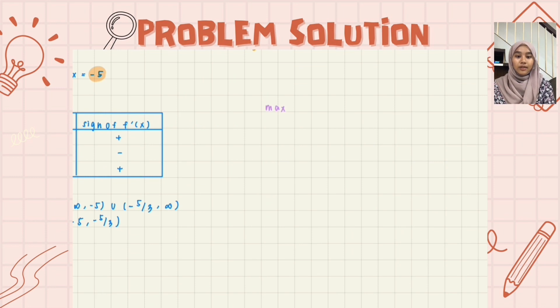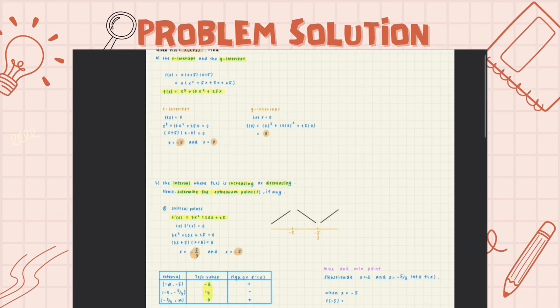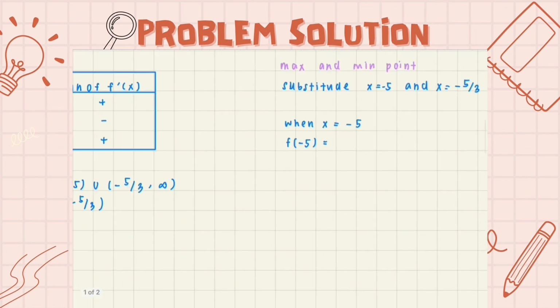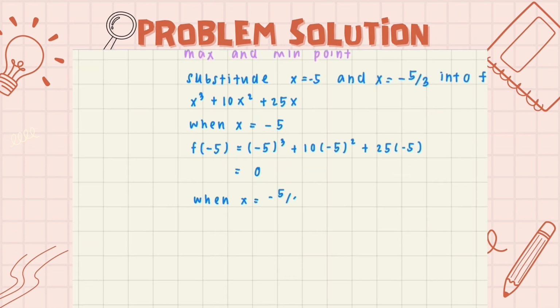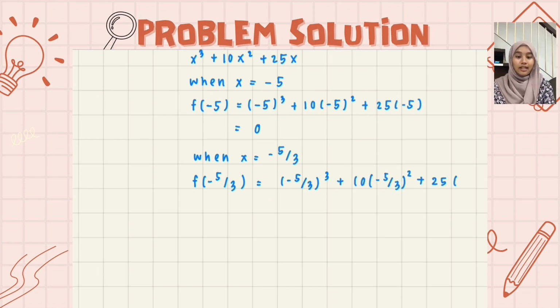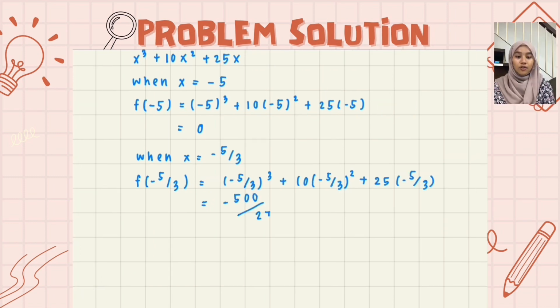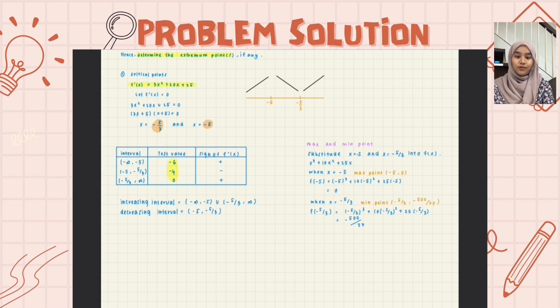We also can find the minimum and maximum points from the critical values. We need to substitute the critical values into the function f(x). Then we will get negative 5, 0 as the maximum point and negative 5 over 3, negative 500 over 27 as the minimum point.